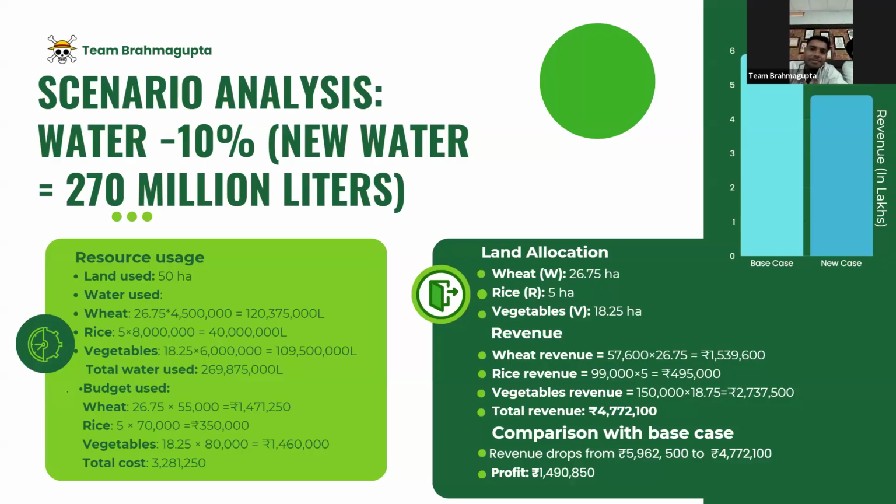No idea. This was a linear programming problem, basically, which you will be studying in class 12. So what is a linear programming problem? That is to optimize the given data, subject to constraints. So you had constraints over here, like land, water, and budget. These were your three constraints.